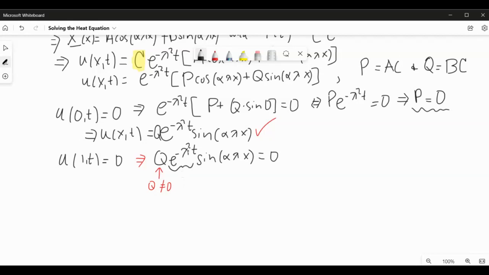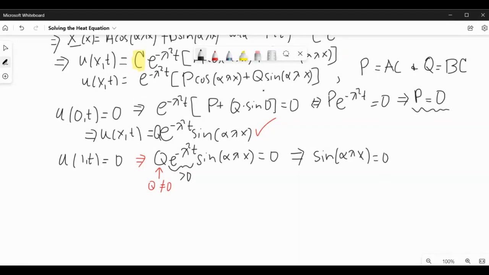Incidentally, e to the negative lambda squared t is always positive, and so there is only one conclusion here, which says sine of alpha lambda x must be equal to 0.